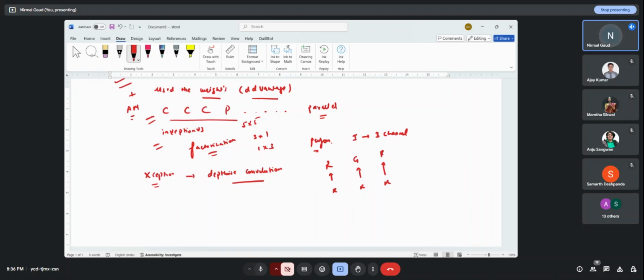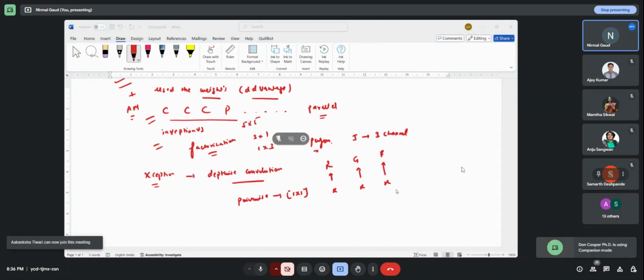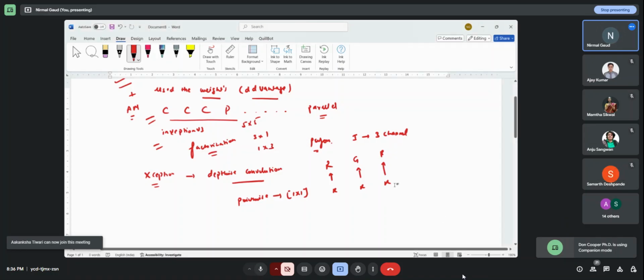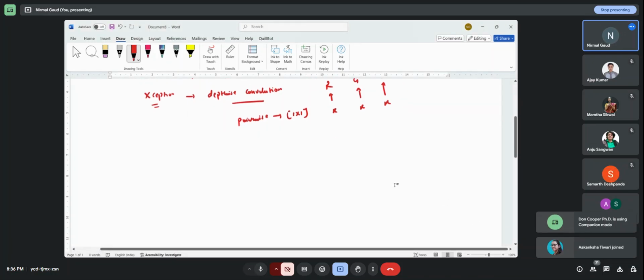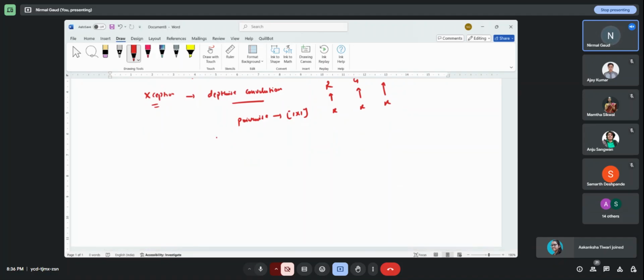And then it has also been told you have to perform the point-wise operation. For point-wise you are taking a 1 cross 1 matrix to further reduce the size. That means you want to reduce the number of operations. So that's the idea.